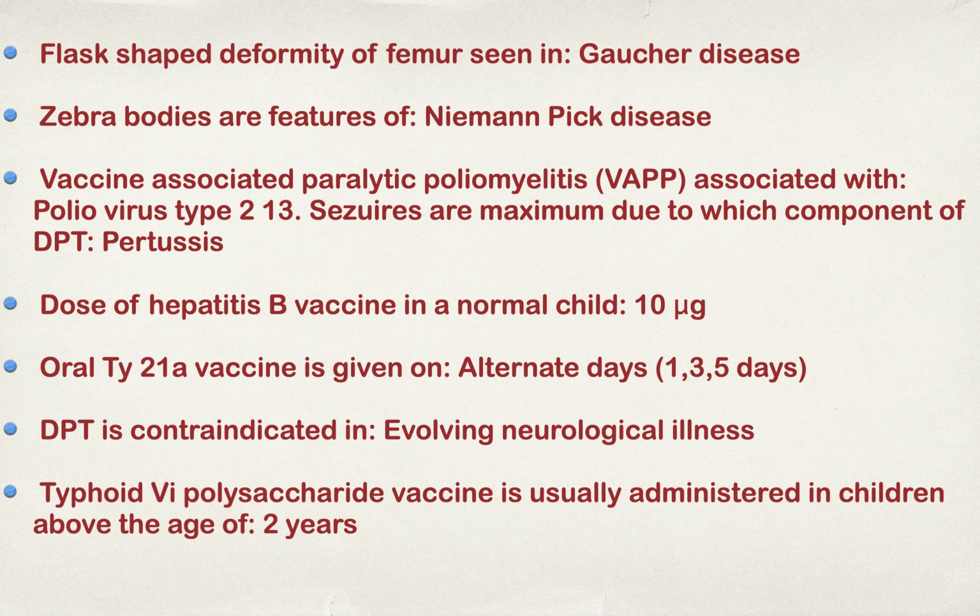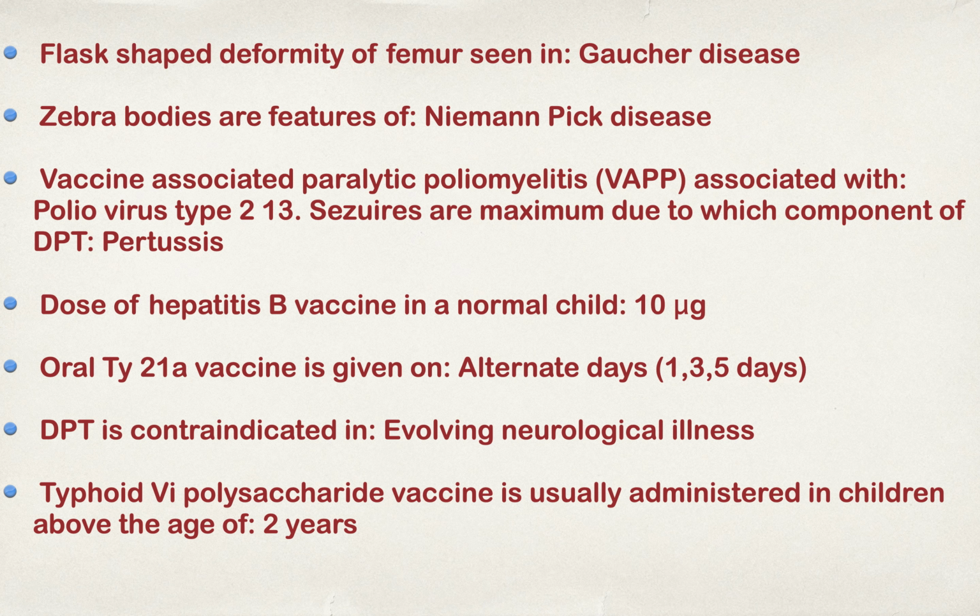Now, flask shaped deformity of femur is seen in Gaucher's disease. Important. Now, zebra bodies are features of Niemann-Pick disease. This is also very important. Now, vaccine-associated paralytic poliomyelitis (VAPP) is associated with poliovirus type 2.